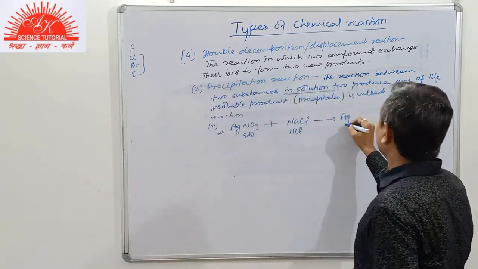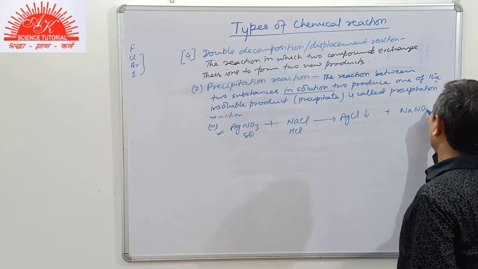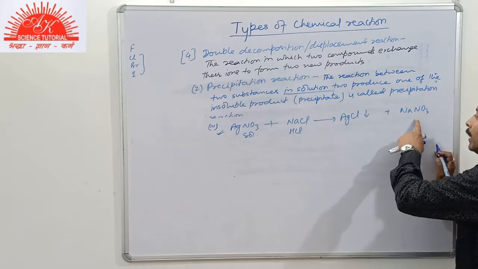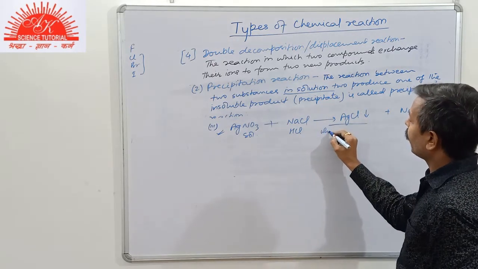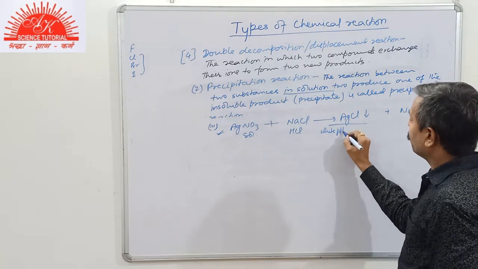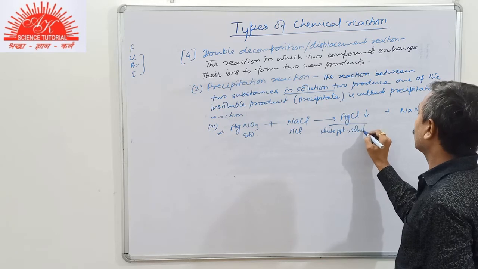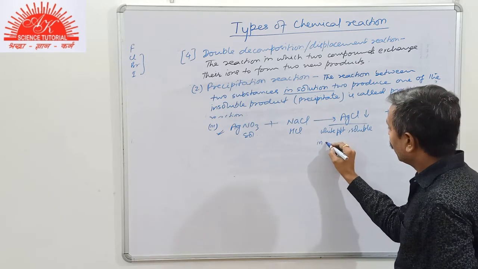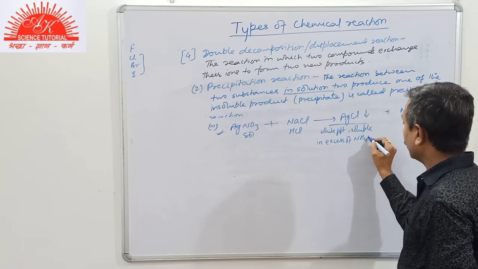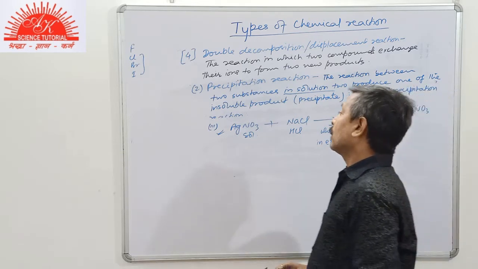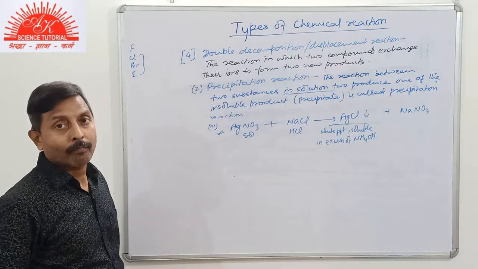As a result, it gives AgCl plus NaNO3, or according to this it will be HNO3. Now what is the characteristic of it? White precipitate, soluble in excess of NH4OH. So this is another type of precipitation reaction.